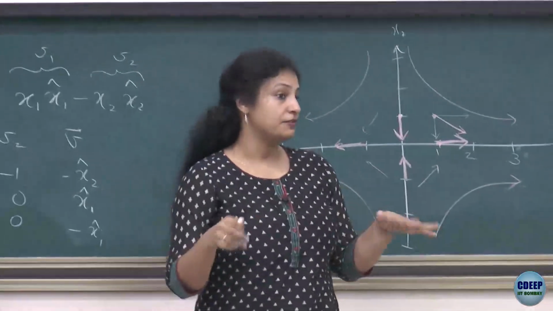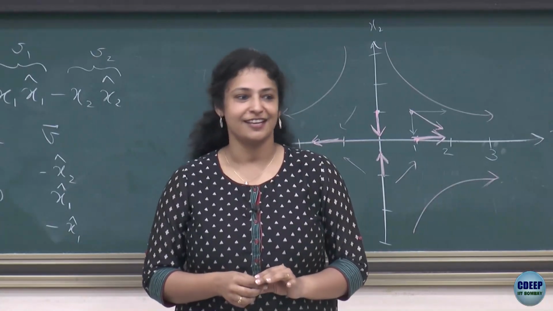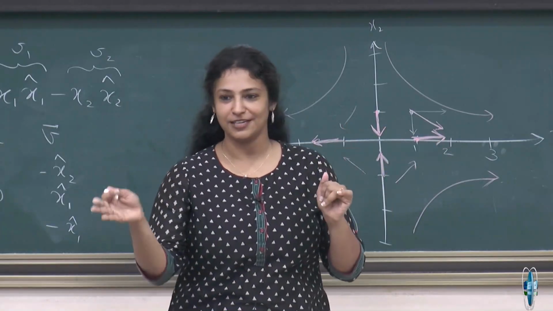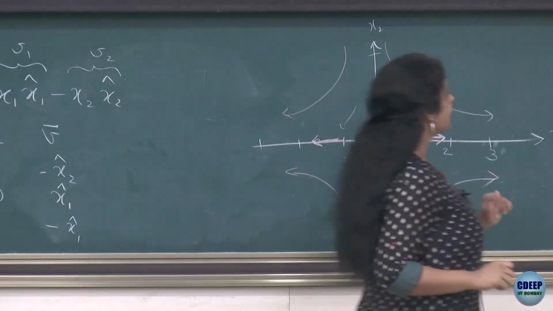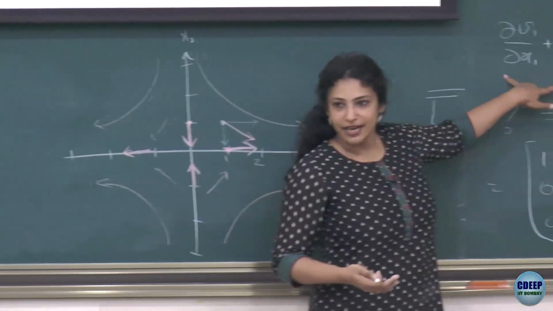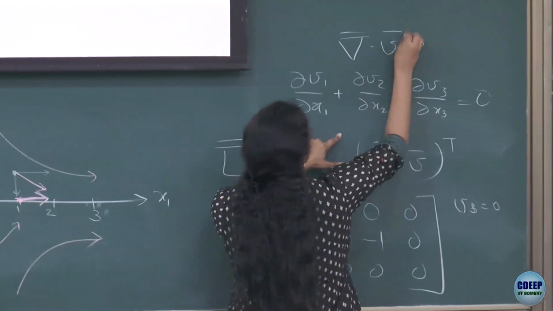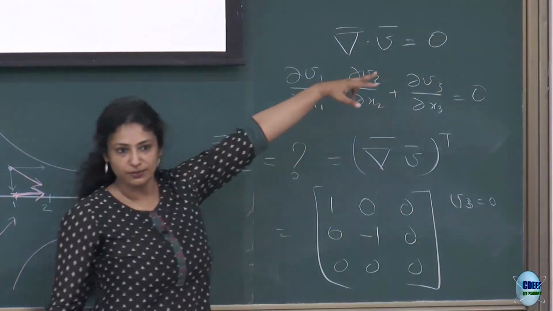What does that remind you of? Okay, so I have heard divergence, I have heard continuity. What else? Incompressible flows. Right. So this of course is the divergence, which is divergence of velocity, which is del dot V, and what we are getting is that del dot V is 0.